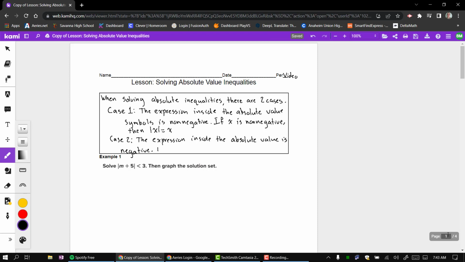So if x is negative, then the absolute value of x equals negative x. So we have these two cases, and you'll notice that this is for intersection.